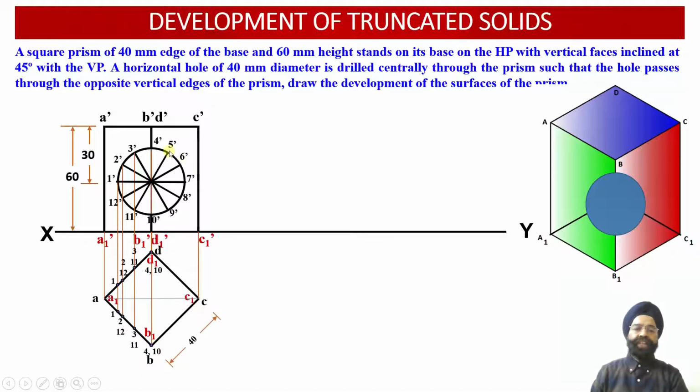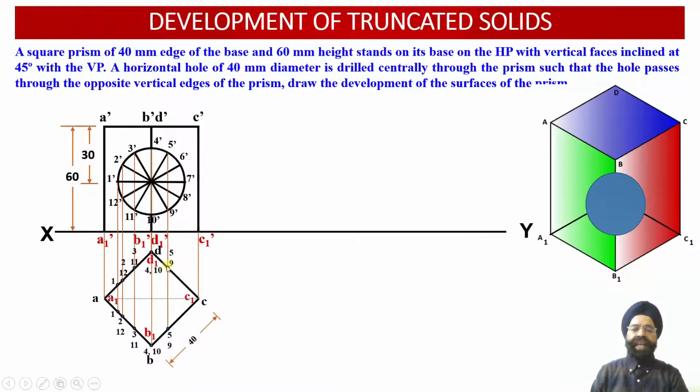Now the next 2 points of intersection are 5 dash and 9 dash. Again, when we look at these points from the top, these 2 points of intersection are going to converge with each other.